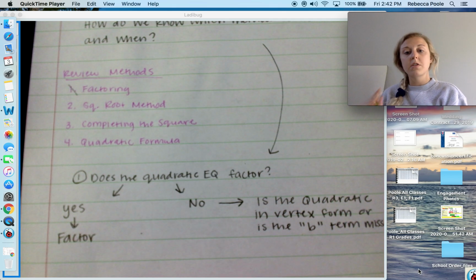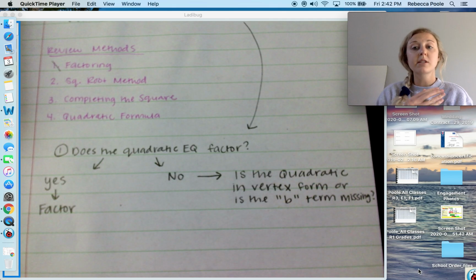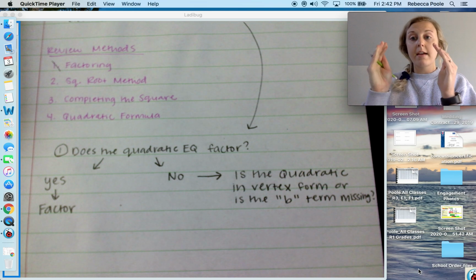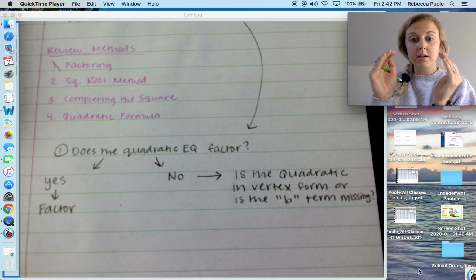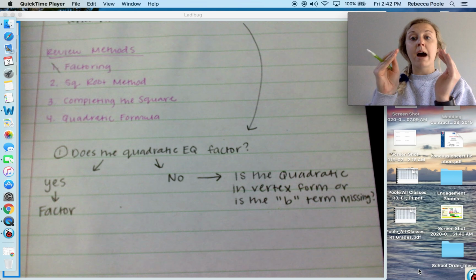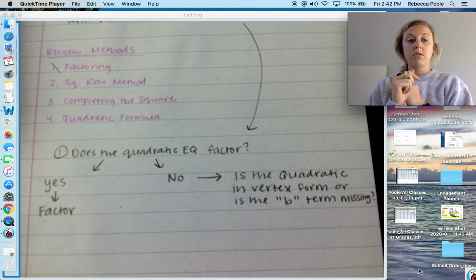All right, so think back to this. When we did the square root method, I told you guys this method will work if it is in vertex form, right? AKA if the B term is missing, if it's in binomial form, something squared, okay?